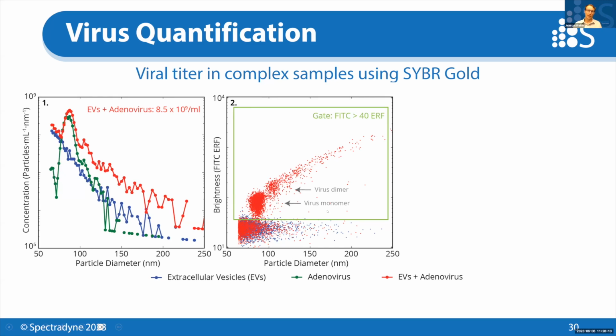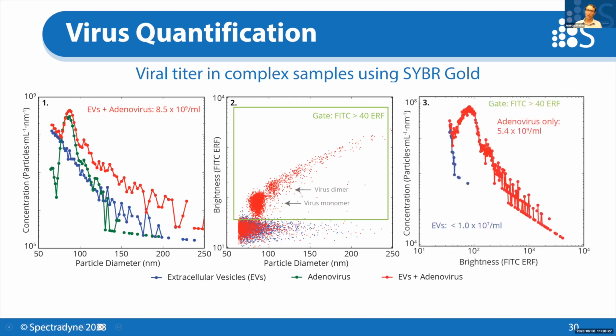So this is a very powerful technique, a high resolution measurement. And with the fluorescence here, we've been able to isolate just the virus particles from all this non-fluorescent EV mixture in the background, right? And we can be quantitative about how bright these particles are. In this plot, we're showing the EVs on their own brightness distribution in blue, and then the brightness distribution of the virus.